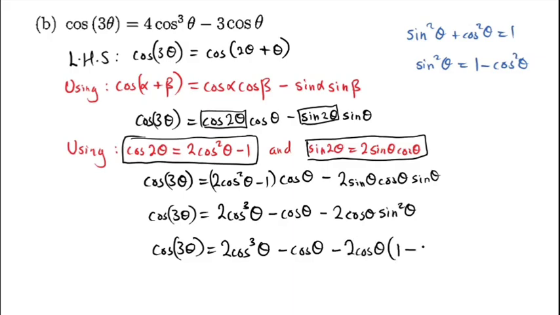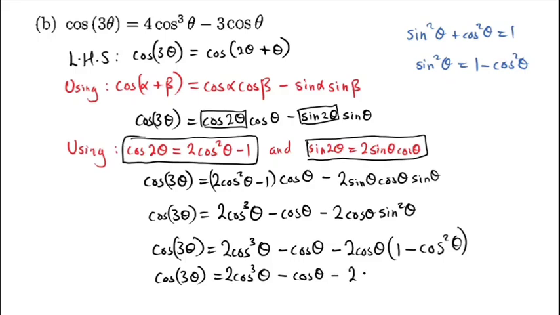So the next step will be to say cos 3 theta, which is 2 cos cubed theta minus cos theta. So 2 cos times 1 is 2 cos theta. Negative 2 cos times negative cos squared, negative times negative will be a positive, like this.